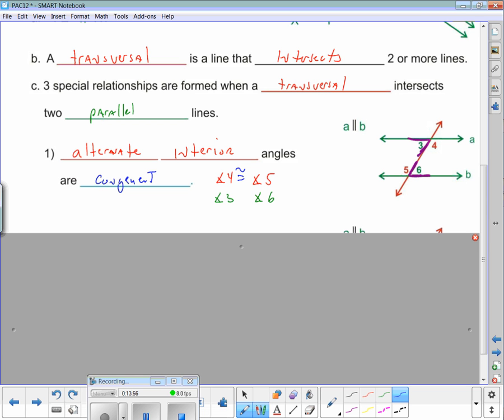And again, these are both congruent. So 4 and 5 are obtuse angles, right, that are congruent. And 3 and 6 are acute angles, less than 90, that are congruent. Alternate interior angles. Jordan.